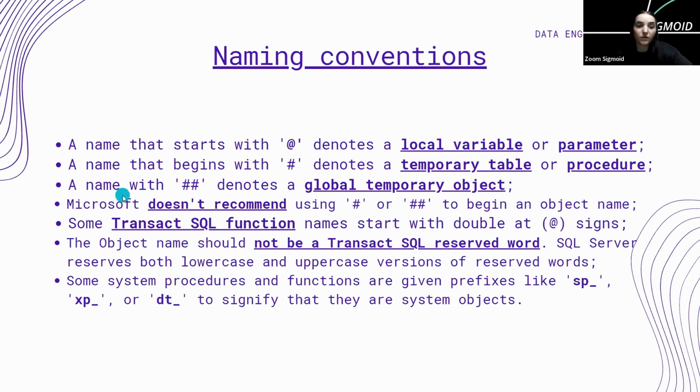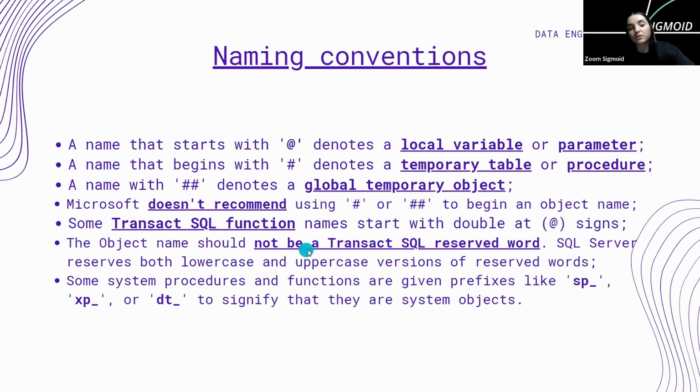A name that starts with a double number sign denotes a global temporary object. Microsoft doesn't recommend using one number sign or a double number sign to begin an object name. Some Transact-SQL function names start with double at signs.